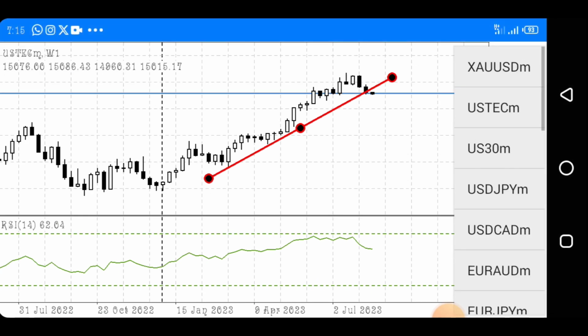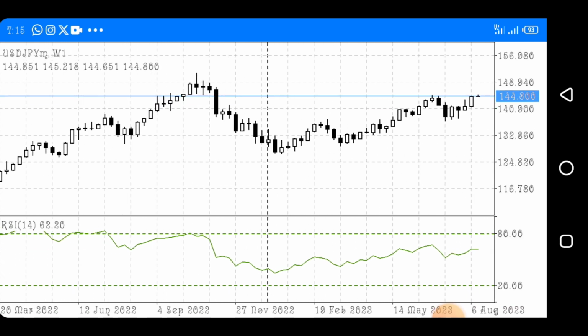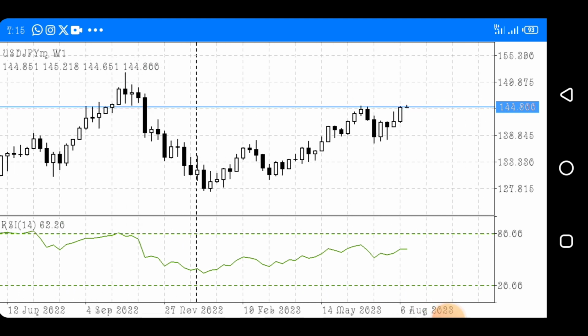Now, secondly, I said I'll be analyzing the USDJPY. So let's move on to the USDJPY charts, starting from the weekly chart.